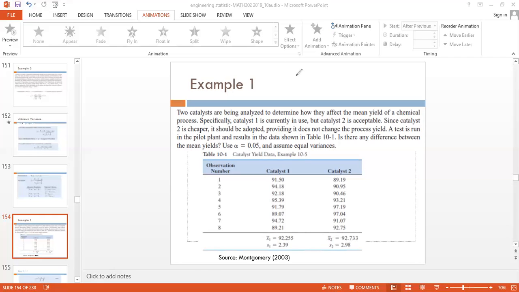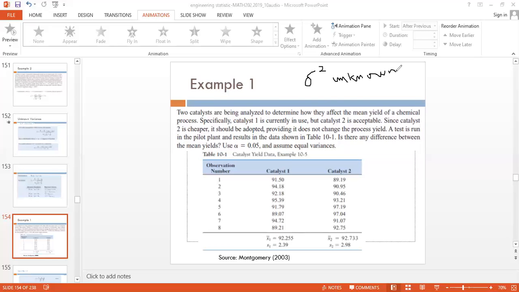But we have to take note of the fact that in this case, sigma squared is unknown. We do not know it. It was not given. That is why we are estimating with the sample standard deviation.